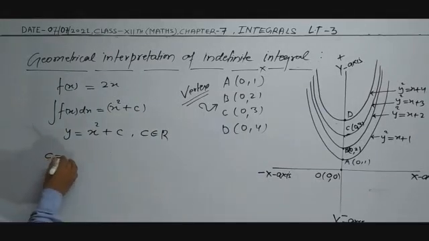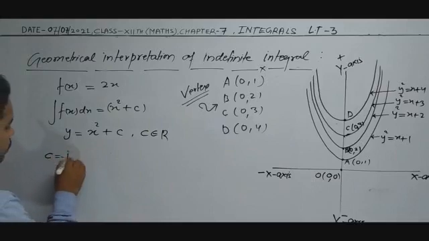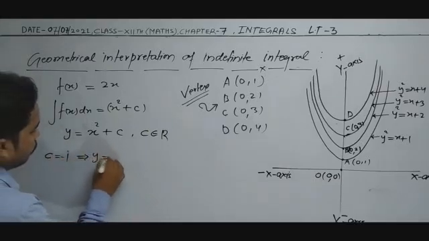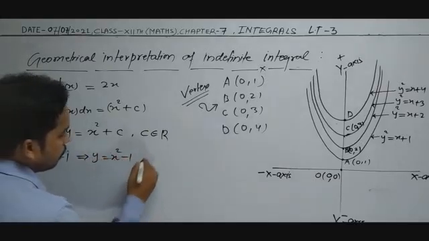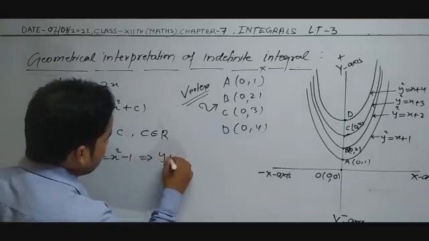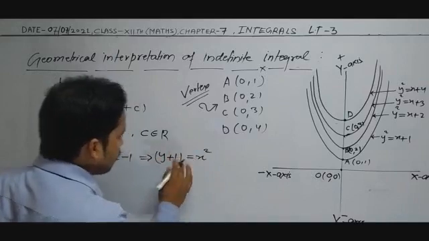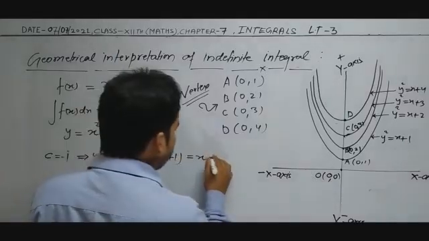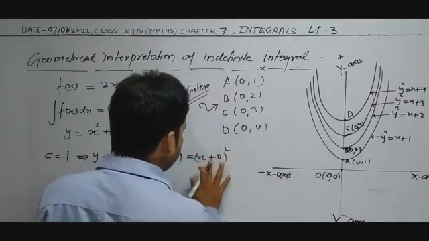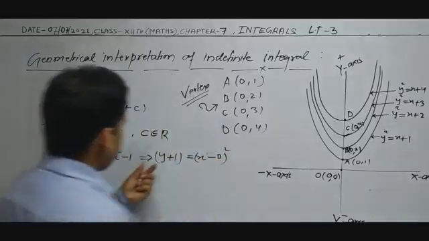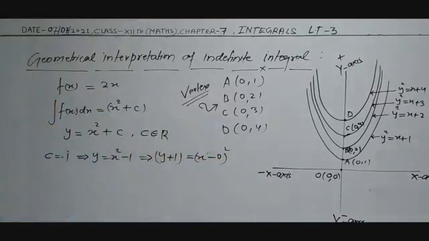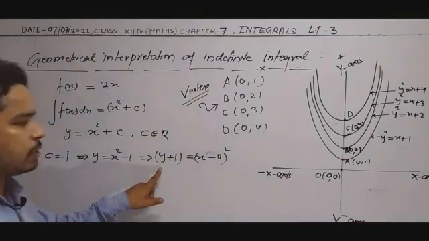Now suppose c is equal to minus 1. This implies y is equal to x square minus 1, and this implies y plus 1 is equal to x square. So y plus 1 is equal to x square, and x square can be written as x minus 0 whole square. So when you equate to 0, you will get the vertex coordinate. So x is equal to 0 and y is equal to minus 1.